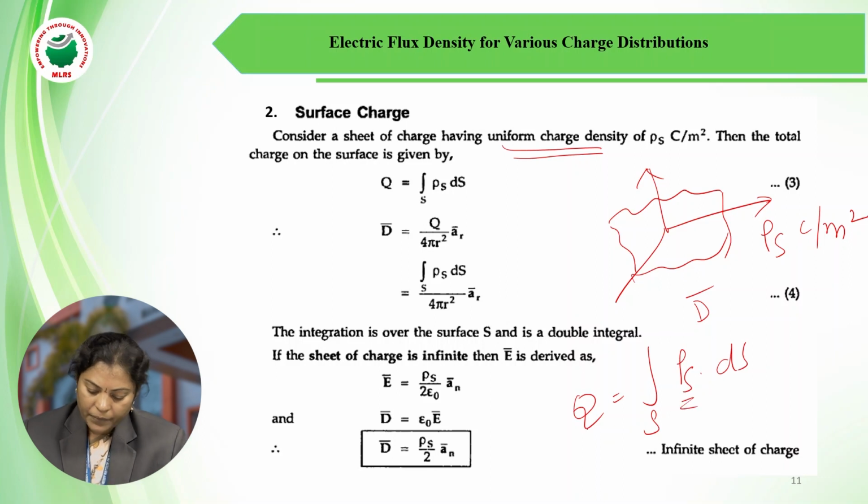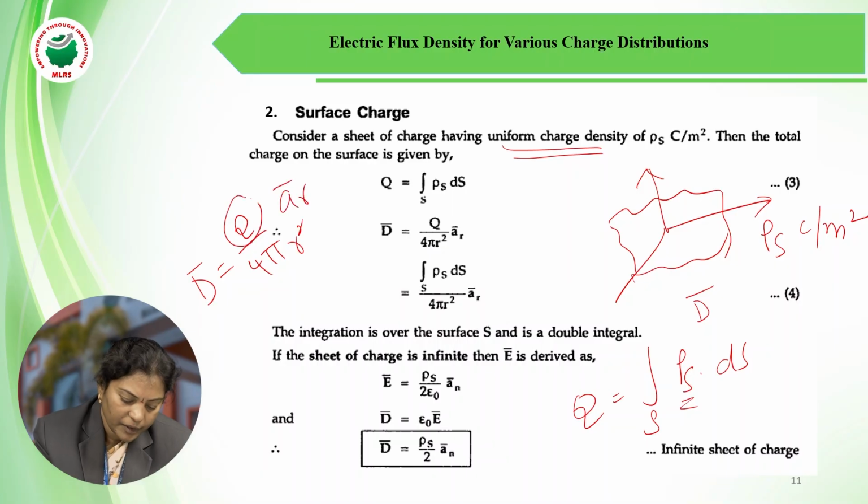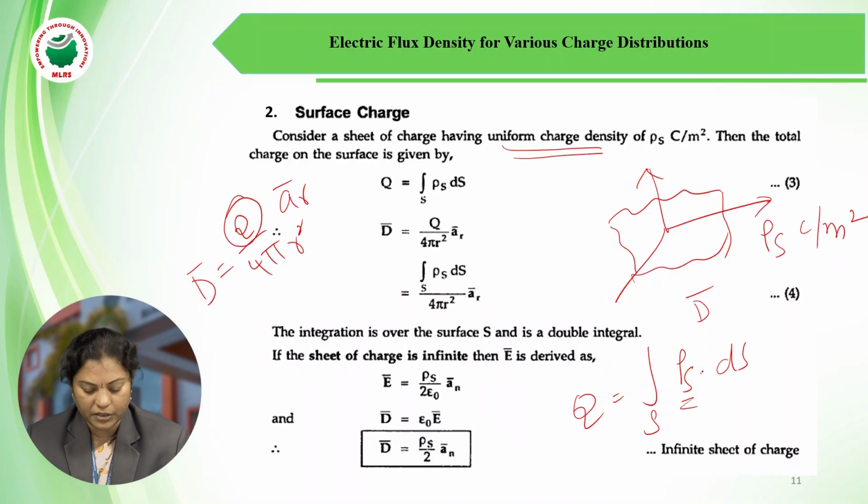Since we know Q, we can define D as Q by 4 pi r square into a_r. Substituting Q as rho s ds, we get D equal to the integral of rho s ds by 4 pi r square into a_r. If the sheet of charge is an infinite sheet, then as I already derived, the electric field intensity for an infinite sheet of charge is E equal to rho s by 2 epsilon naught in the a_n direction.